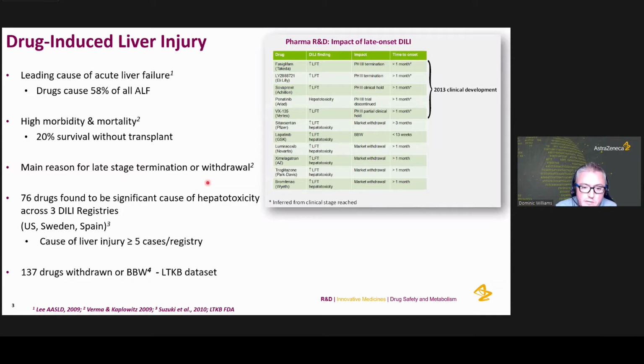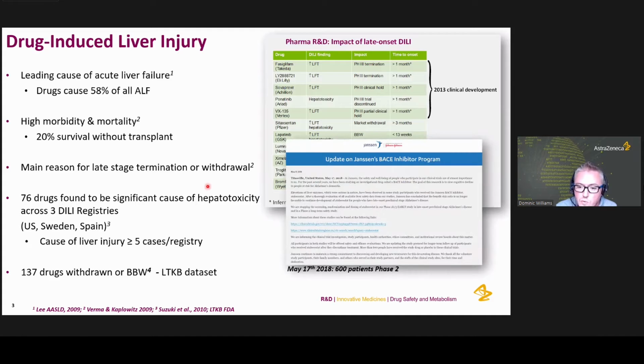It's certainly been seen recently in clinical trials, with a number of clinical trials being stopped in clinical development. And one of the more major recent cases is the stopping of the Janssen BACE inhibitor program due to drug-induced liver injury.